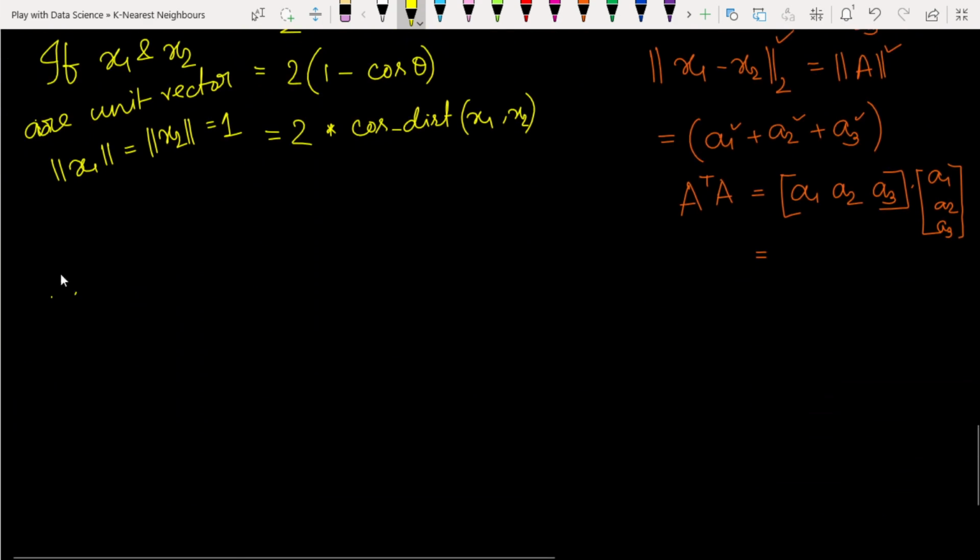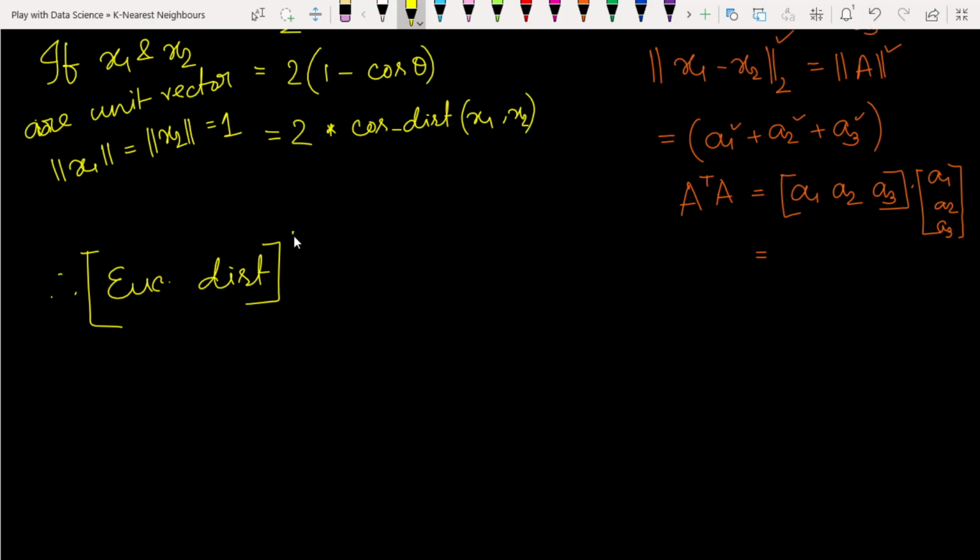Therefore, the square of the Euclidean distance is 2 into the cosine distance of x1 and x2.